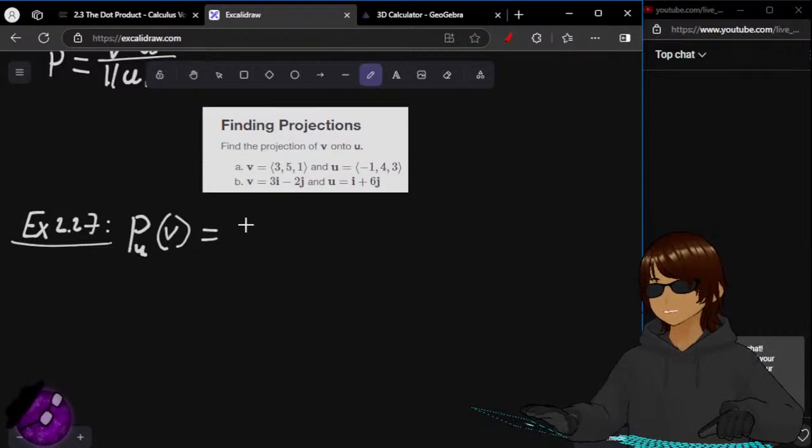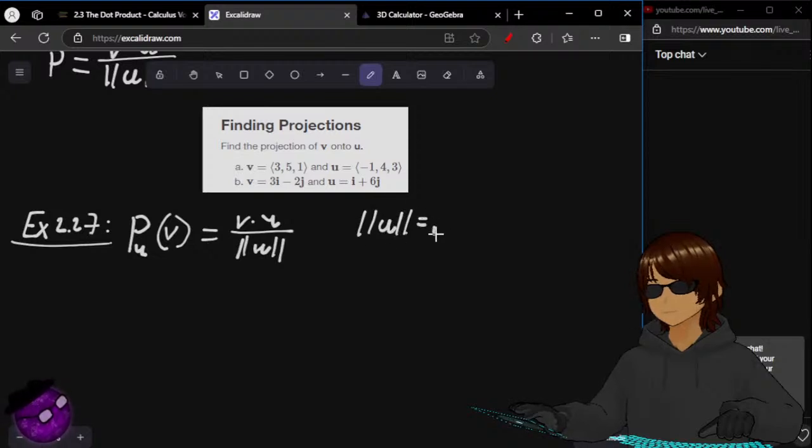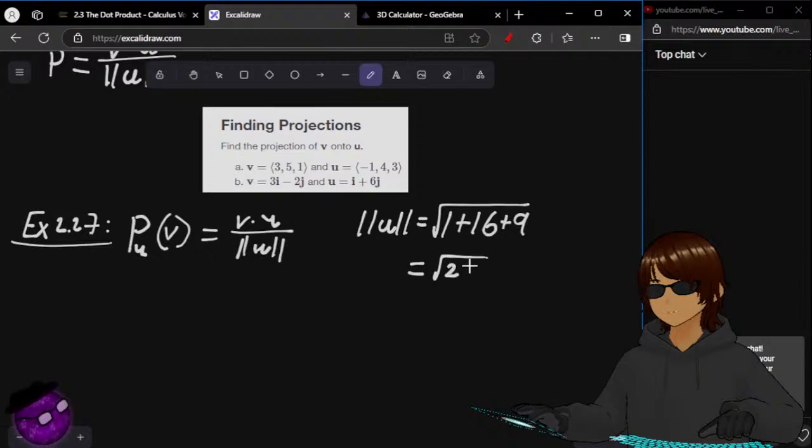We have V dot U over the magnitude of U. Magnitude of U is 1 plus 16 plus 9, which is root 26.